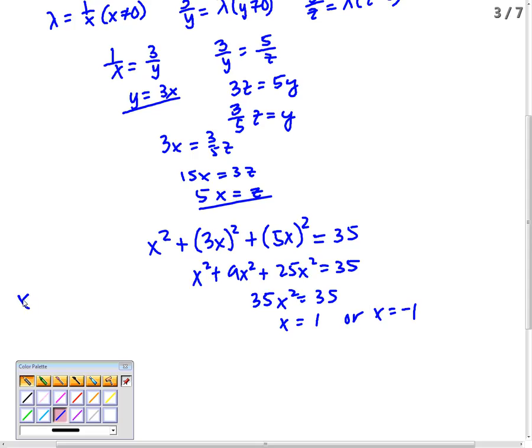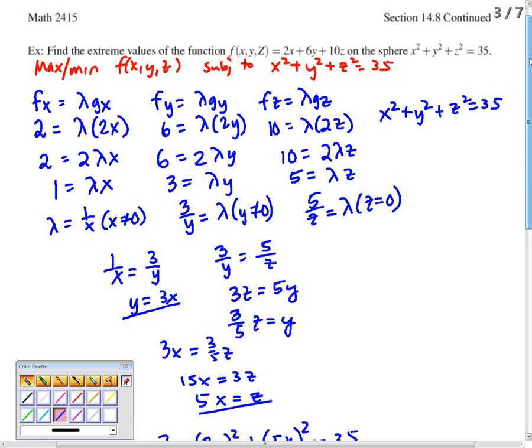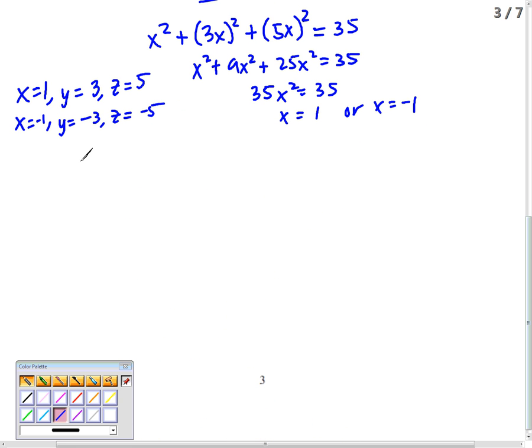Okay, so if x equals 1, y is 3, z is 5. When x equals -1, y is -3, z is -5. Okay? So those are my points. Now I need to figure out what the function values are, right? What was my function? f of x, y, z was 2x plus 6y plus 10z, check.